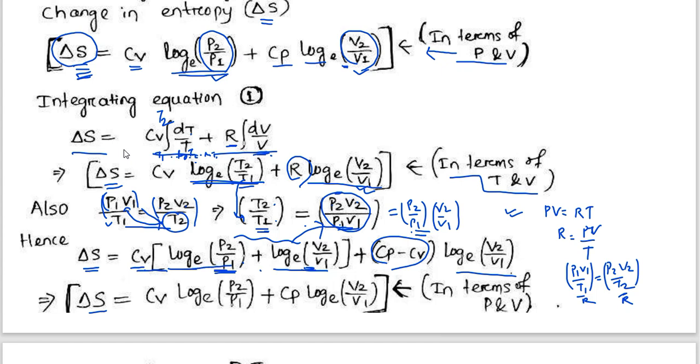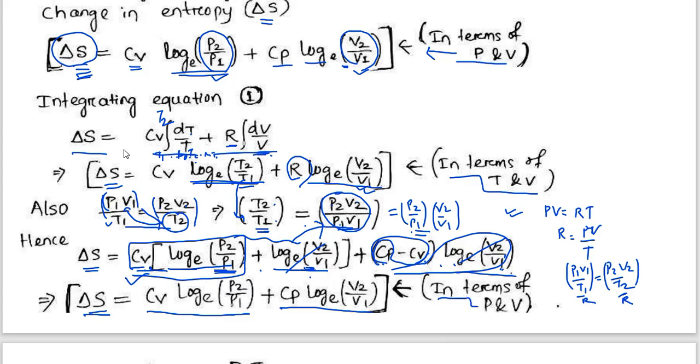Second is Cv log V2 by V1 plus Cp log V2 by V1 minus Cv log V2 by V1. The Cv log V2 by V1 and the last part, minus Cv log V2 by V1, cancel. So the remaining part will be Cv log P2 by P1, this will exist, and the last one is Cp log V2 by V1. Finally, Cv log P2 by P1 plus Cp log V2 by V1 is delta S, and this is the expression for the change in entropy in terms of pressure and volume.